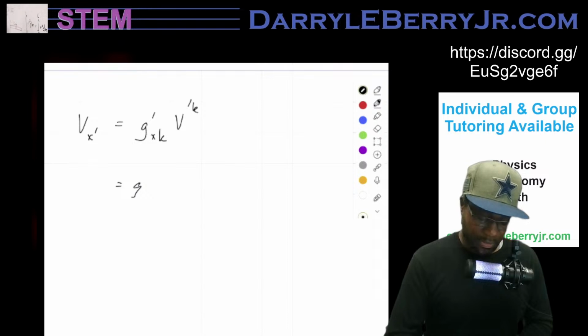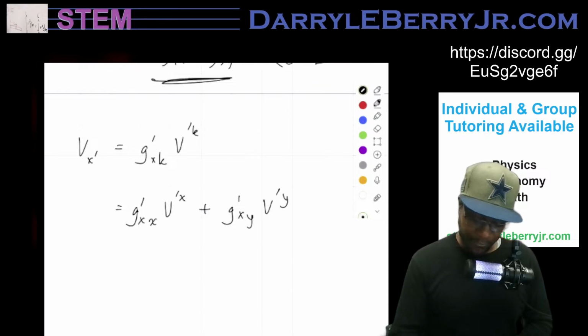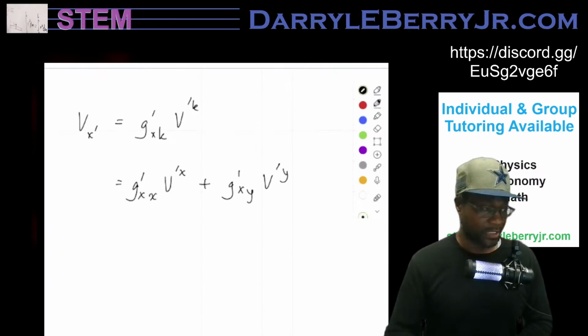We have g x prime x v prime x plus g x prime y v prime y. Because again, this is the sum over indices, so I'm writing it a little less explicitly, but you remember that from earlier.